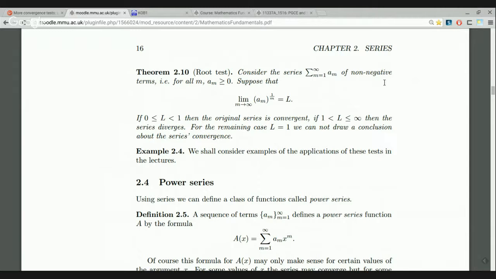And both the ratio test and the root test have this feature that if the limit comes out as exactly 1, then you're a bit stymied. It could be convergent, it could be divergent. The test is inconclusive. Okay? So in both 2.9 and 2.10, the ratio test and the root test, if the limit L is equal to 1, then no conclusion is forthcoming.